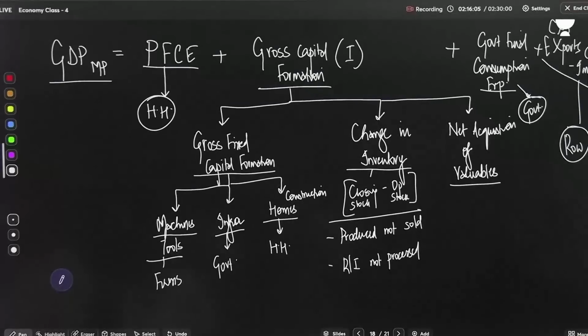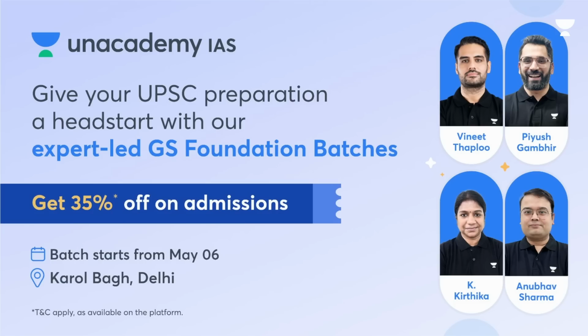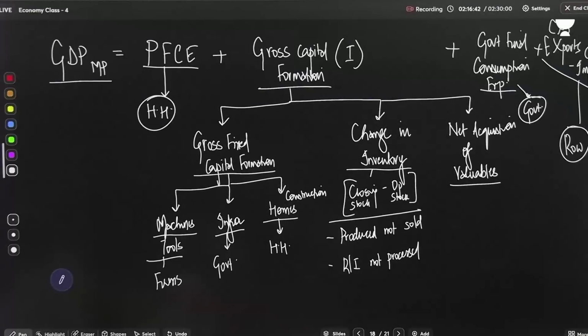First was C, second is I, third is government final consumption expenditure, which includes the compensation paid to government employees, and money paid by the government for the purchase of goods and services.